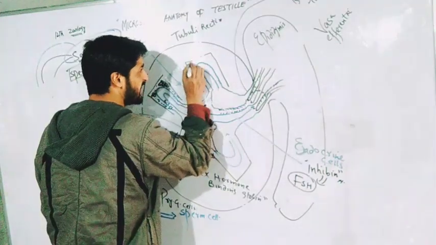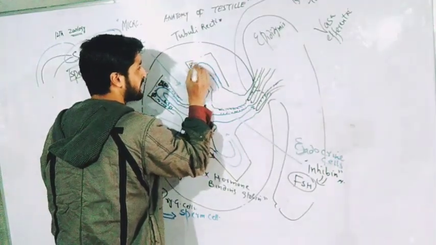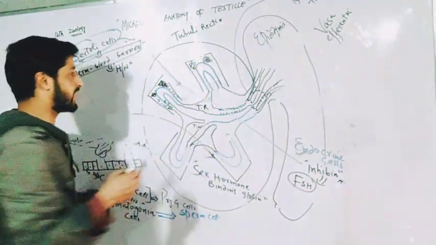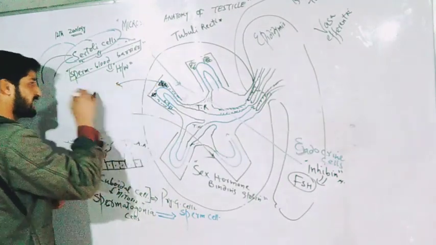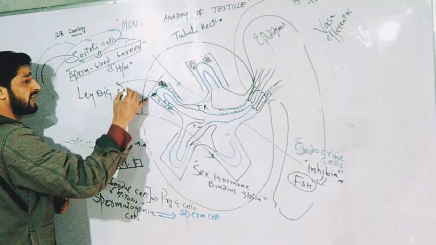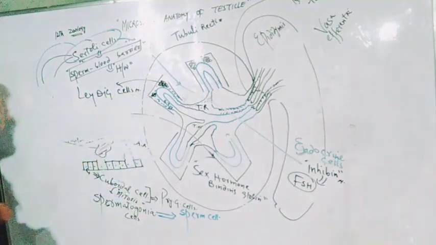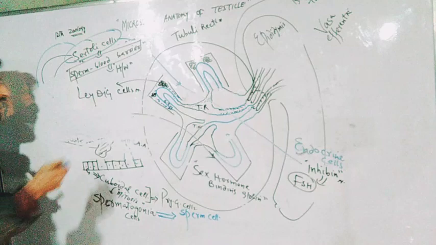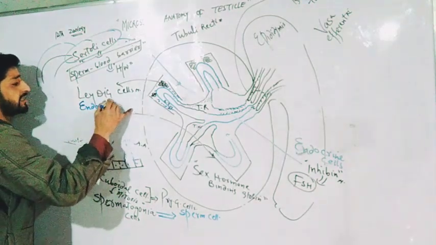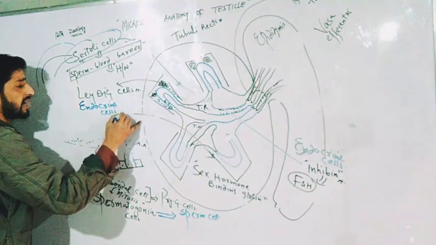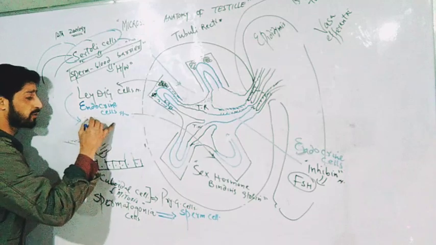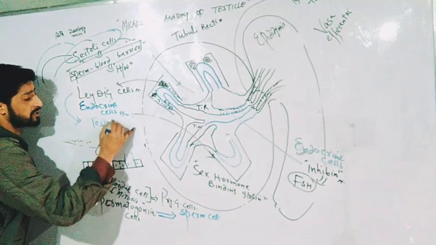This cluster of cells is known as Leydig cells. These Leydig cells are the actual endocrine cells of testes. And these Leydig cells produce androgen, or something called testosterone.